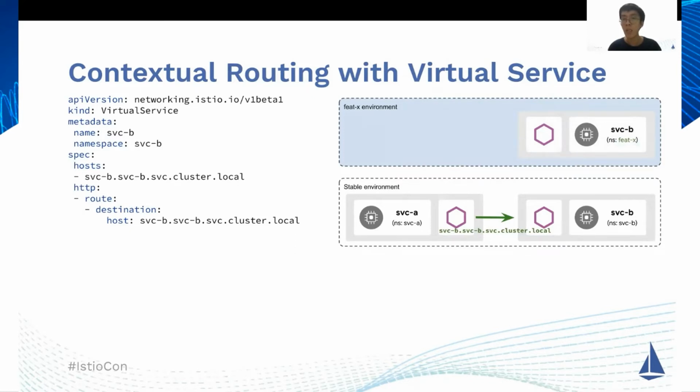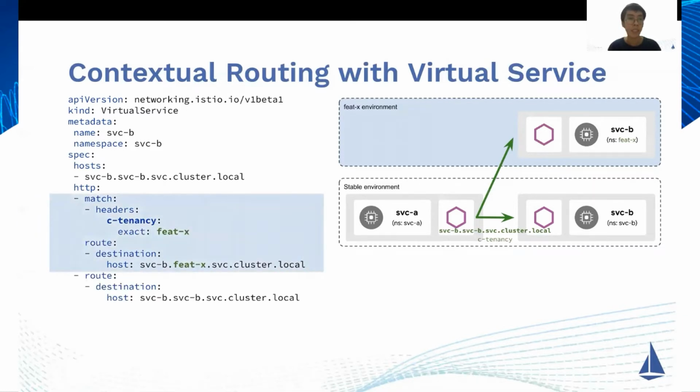Now, how can service A reach service B in the feature X environment? Here we make our egress call from service A to service B with an extra header. We use the C tenancy header as the tag or marker for where the request should be routed to.